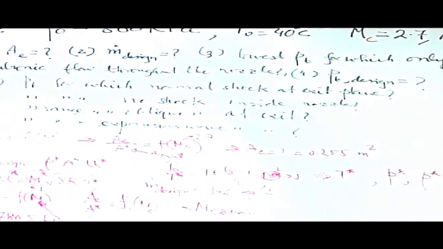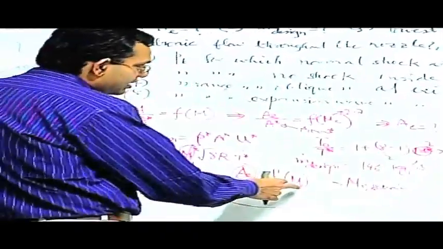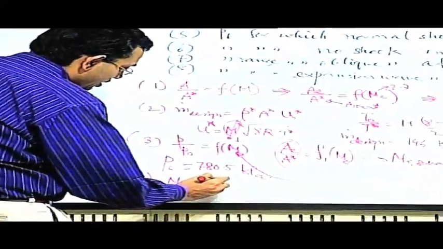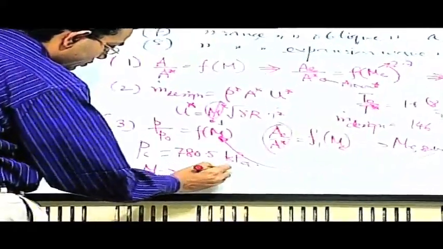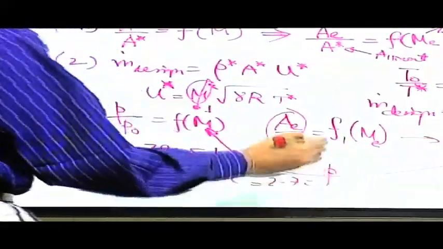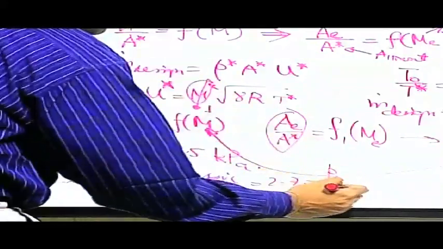Part 4, what is the design back pressure? The design back pressure you may calculate exactly in the same way as part 3, but you replace the subsonic solution with the supersonic solution. So, here M corresponds to the supersonic solution, that is 2.7, that is the back pressure, the pressure at the point G in the figure, by P0.